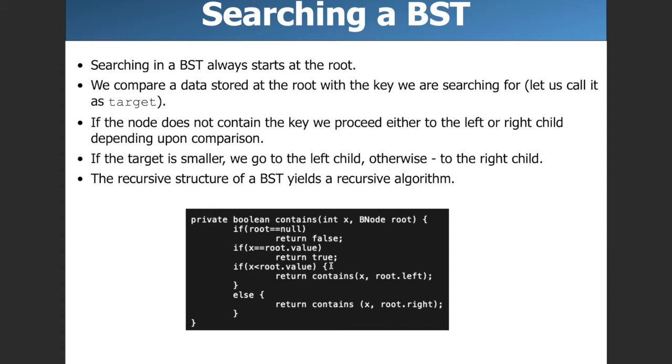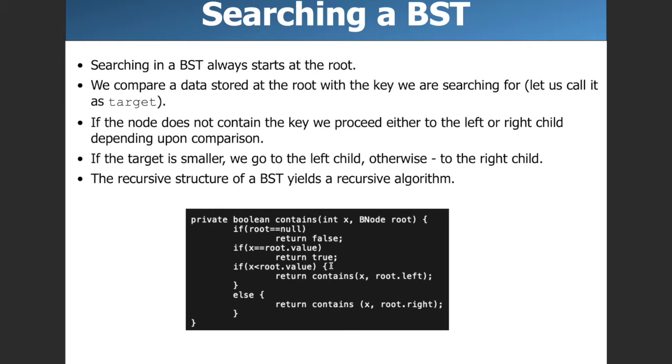We compare the data stored at the root with the key we are searching for. Let us call it target, and you remember some methods with target. We already did some binary search or sequential search. And this is different because it's search in a binary tree data structure.